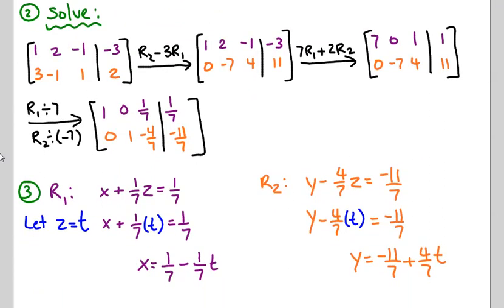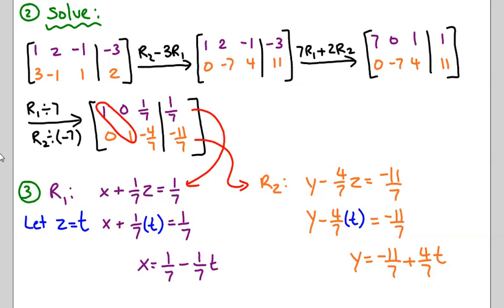Once I get it into row reduced echelon form, I can then create two equations. And so I have from the top purple this equation right here. From the bottom orange, I get this equation right over here. Letting z equal any number, I'm just going to call it t. Last time I used k.